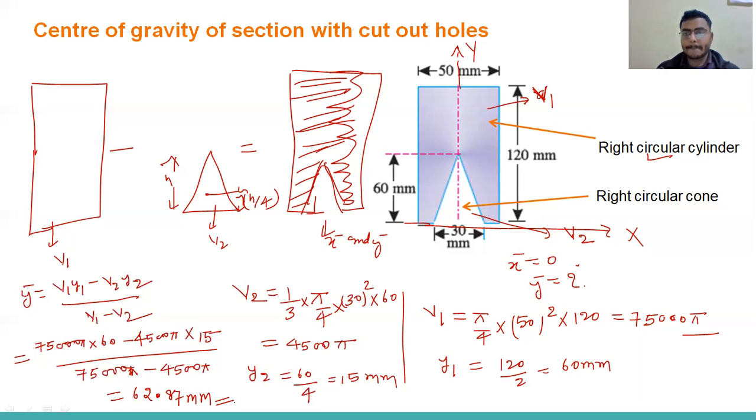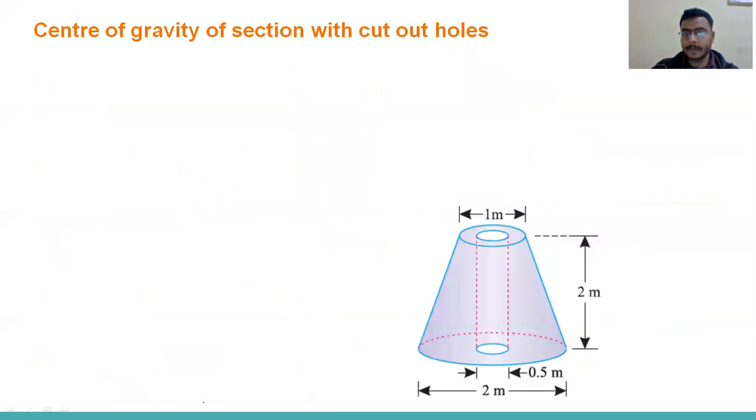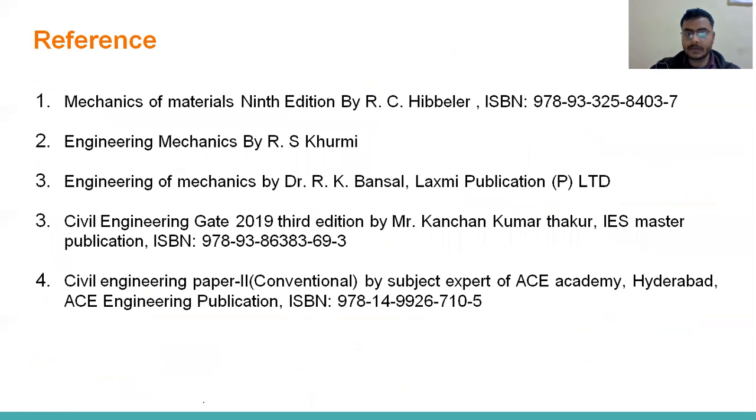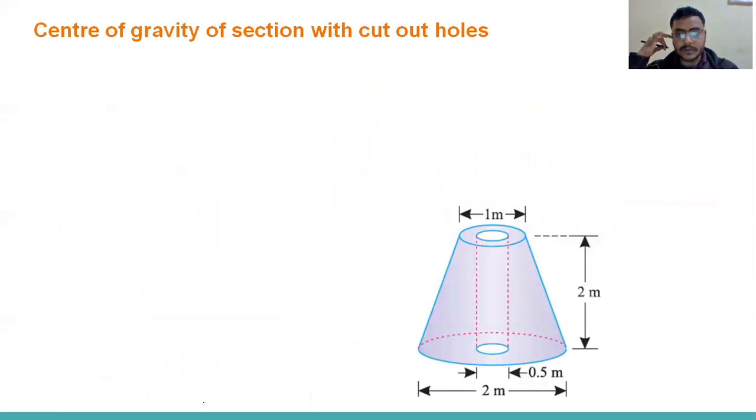Okay. Now come to this question. This question is very, very important, I would say, because in this case we have to select the two missing areas and deduct them, and then we can calculate. See, this shape is a frustum of a cone, you can say.